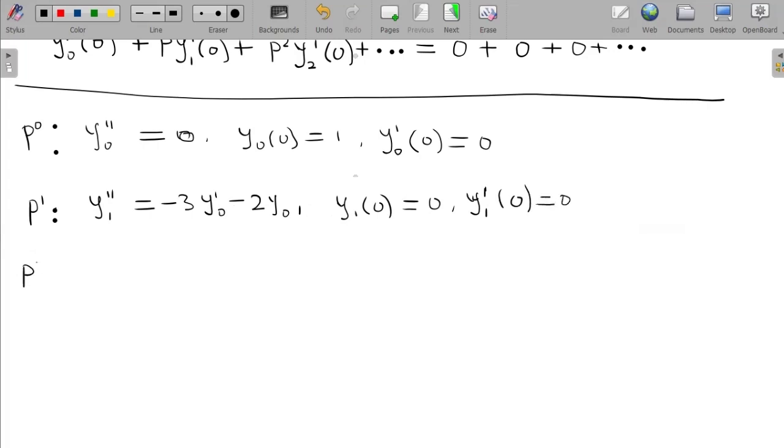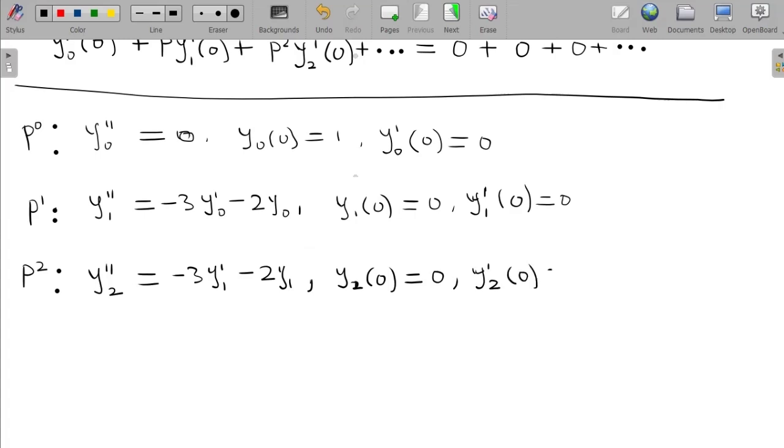For p raised to power 2, y prime of 2 equals negative 3 y prime of 1 minus 2 y1, with y2 of 0 equal to 0 and y prime 2 of 0 equal to 0.